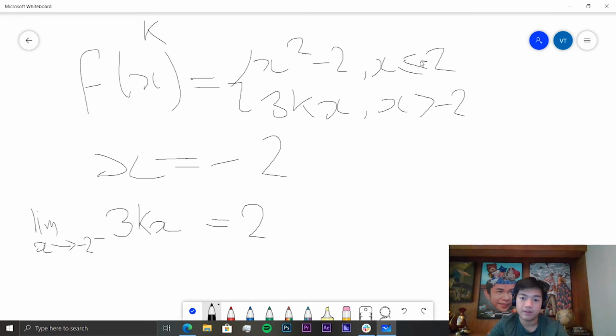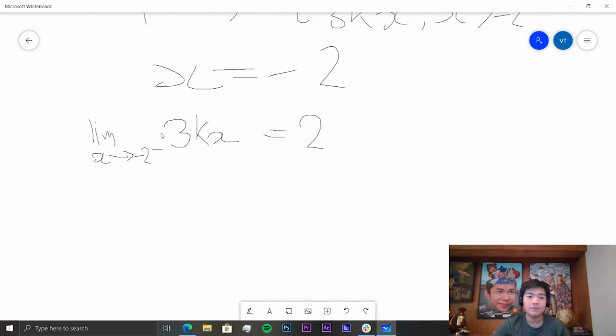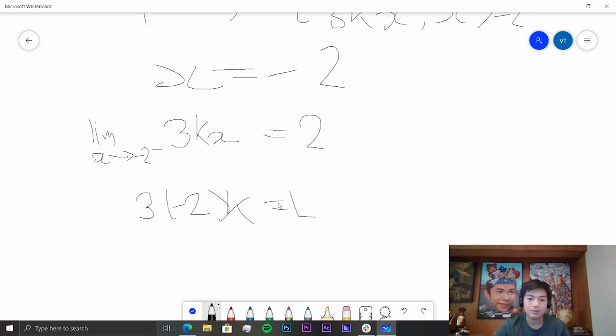Well, the limit as x approaches negative 2 of 3kx will simply be 3 times negative 2 times k. And if that's equal to 2, we need to make sure negative 6k is equal to 2, and so therefore k must be equal to negative 3.